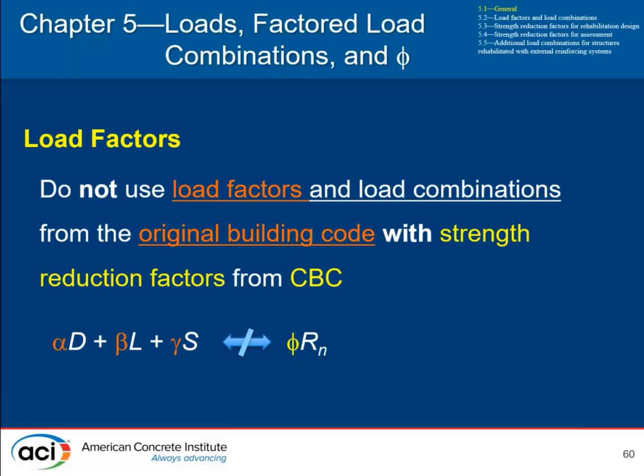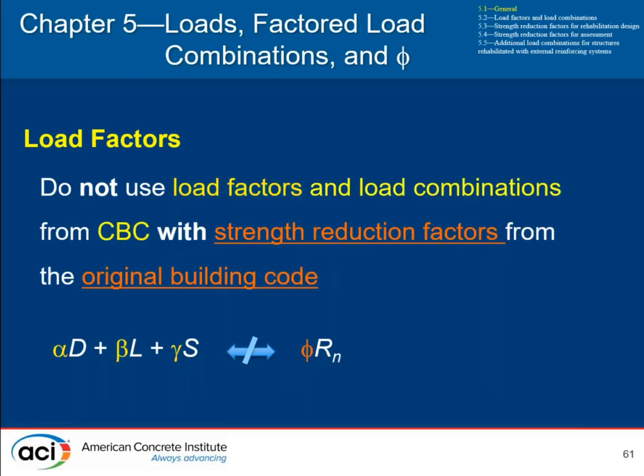And if you try mixing those, you're going to get into trouble and you may not achieve the desired safety. And the converse is also true. You don't want to be using load factors and load combinations from the current building code with strength reduction factors from the original building code.